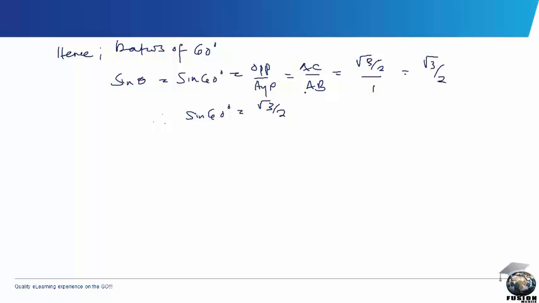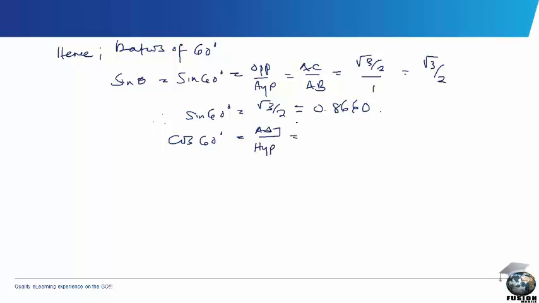And if you punch it into your calculator, you still have the same value of sine 60, which is 0.8660.